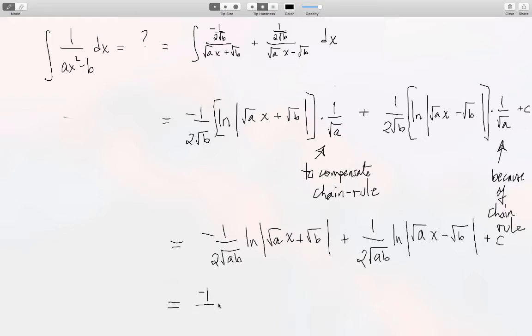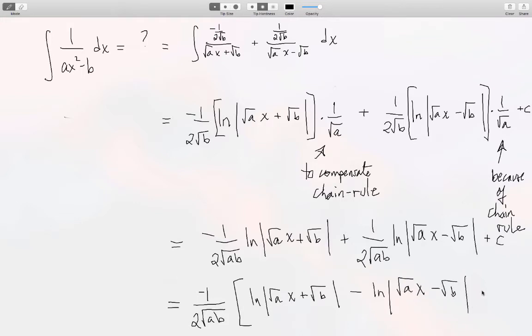It doesn't matter, we get the same result in the end, but let's take out the negative. So you'll have ln absolute square root of A x plus the square root of B, and then a minus, because I'm factoring out a negative, ln absolute square root A x minus square root B, all plus the constant of integration.